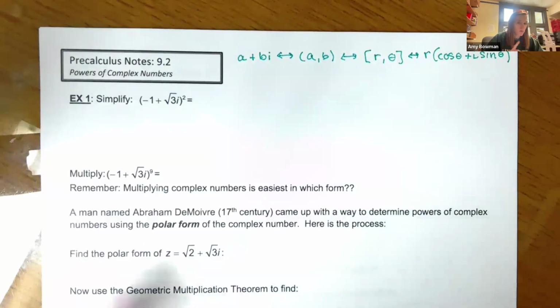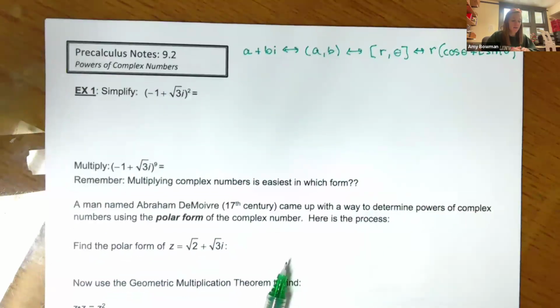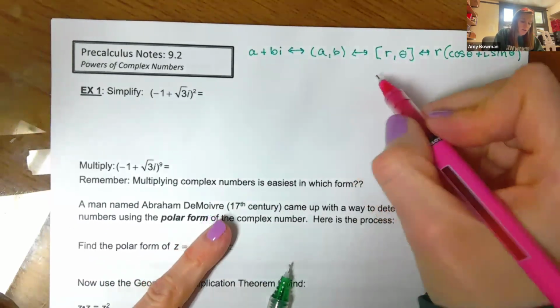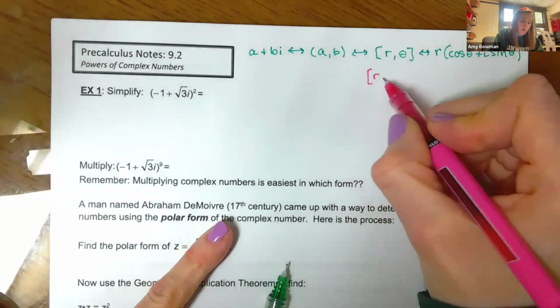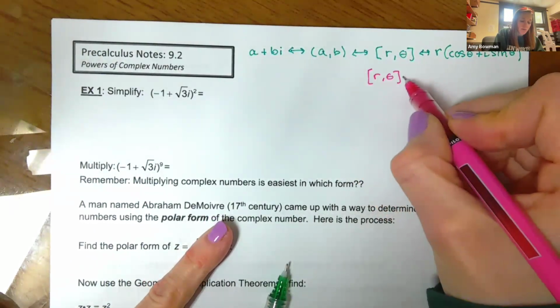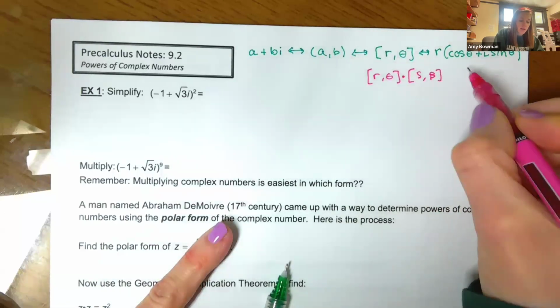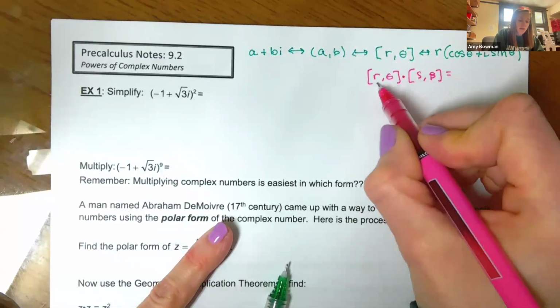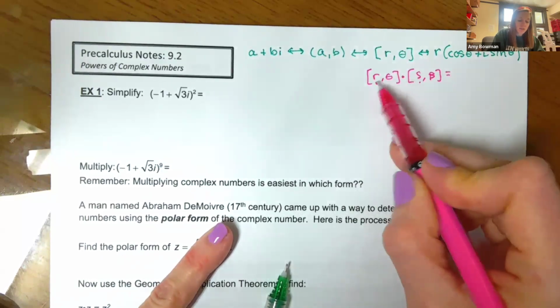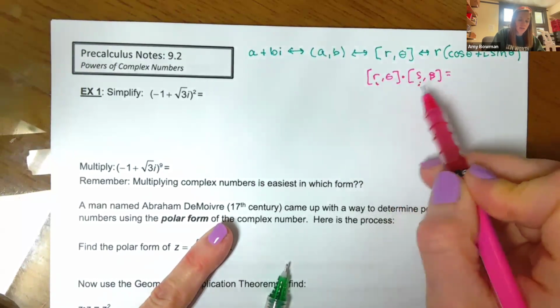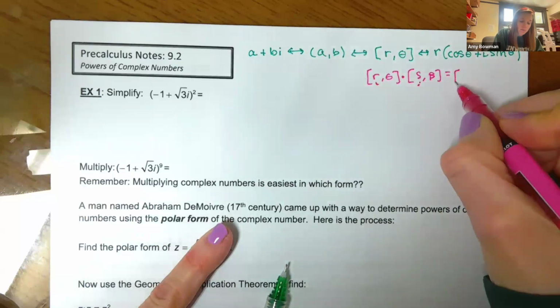We also learned how to multiply complex numbers last class. So we saw that if I had a complex number r theta and I wanted to multiply that by s beta, the process is you take the two distances, r and s, and multiply those.